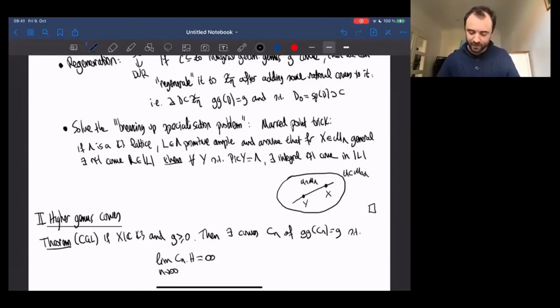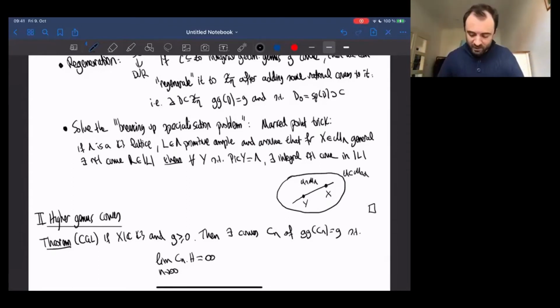Okay, so this is a fancy way of saying, if g is 0, you have infinitely many rational curves, but for high genus, this is really saying that you have infinitely many divisor classes whose linear system contains a subspace parameterizing curves of geometric genus g, for arbitrary g.